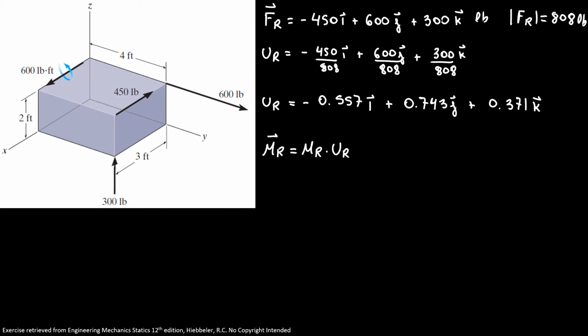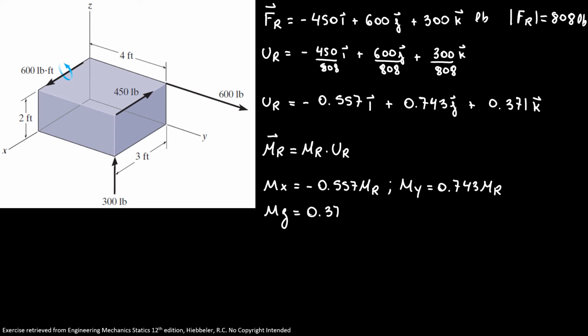So here our resultant moment we can split: Mx is equal to minus 0.557 M_R, in y we have 0.743 M_R, and for our Mz is equal to 0.371 M_R.